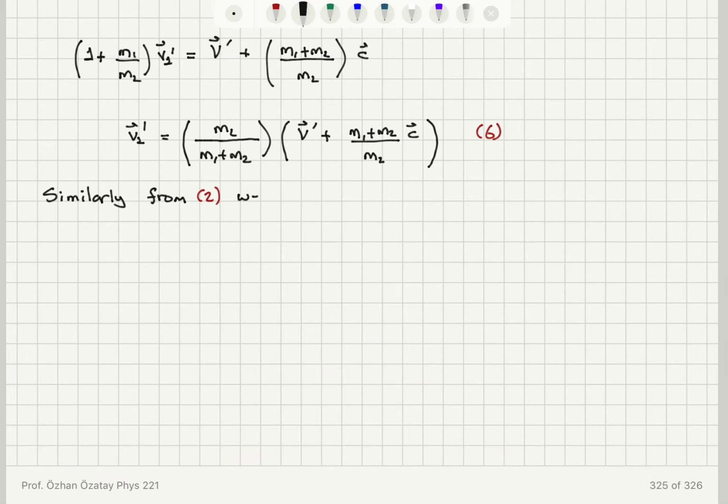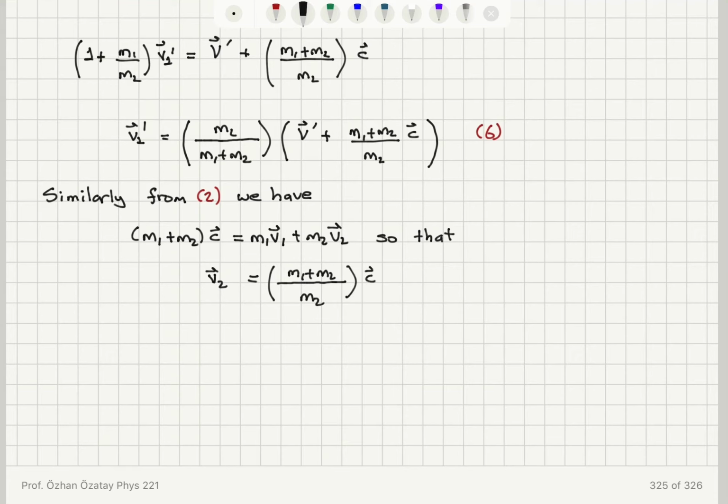We can write (m1 + m2) c = m1 v1 + m2 v2, so that we can obtain for v2: (m1 + m2) divided by m2 times c, minus m1 divided by m2 times v1.